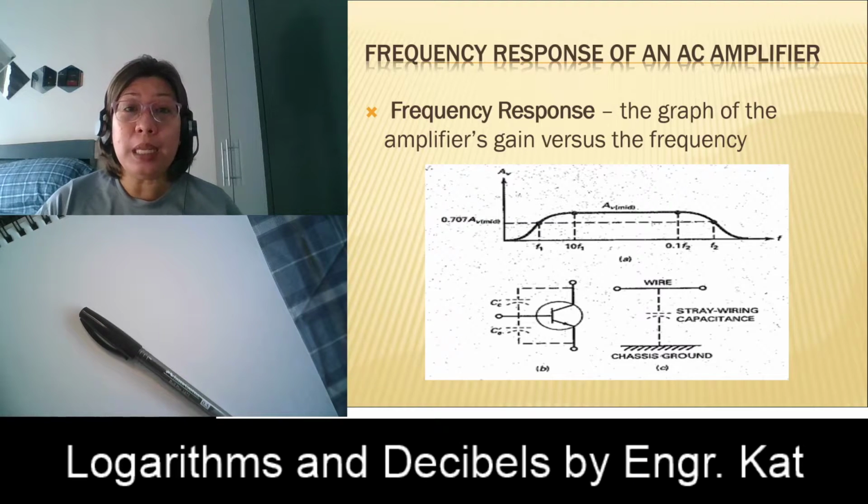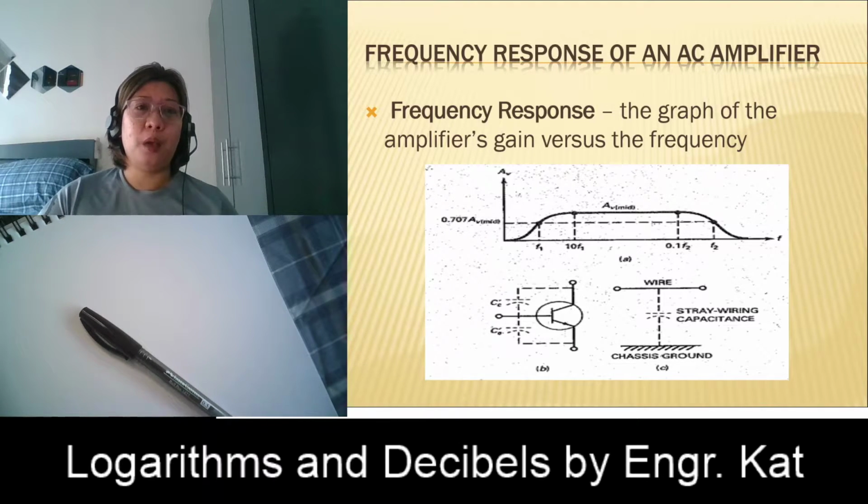Usually this is your gain at mid-band, the gain that we computed from our previous discussions. We can express this as a unitless factor, voltage output versus input voltage, or we can express this in terms of decibels.